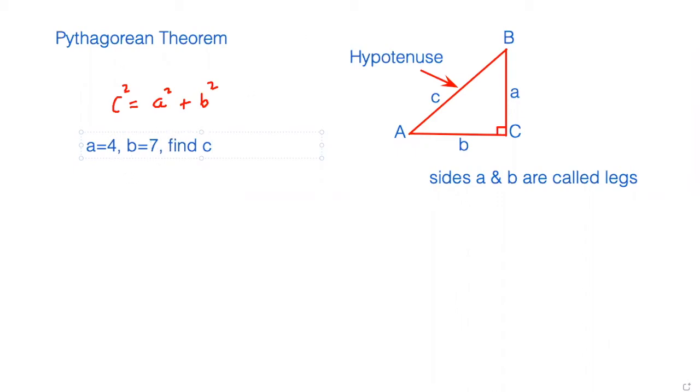So let me rewrite the formula and plug in the values. a is 4, so I write 4 square plus b is 7, so 7 square. Then 4 square is 4 times 4, which is 16, plus 7 square is 7 times 7, which is 49.